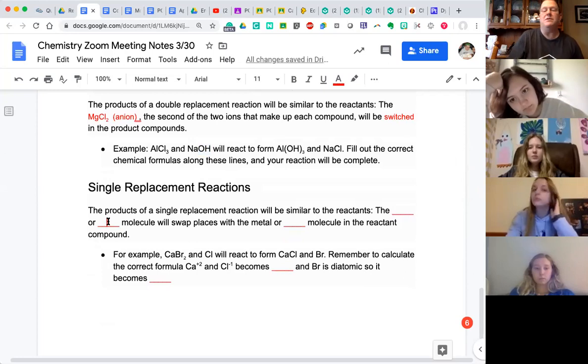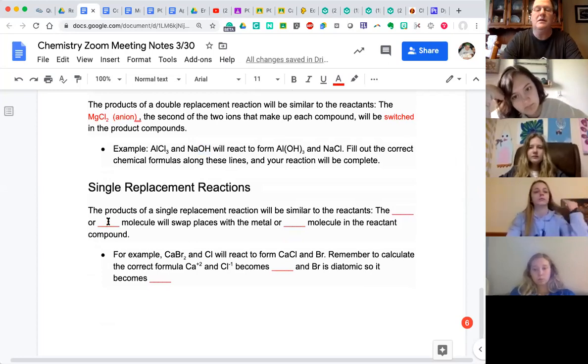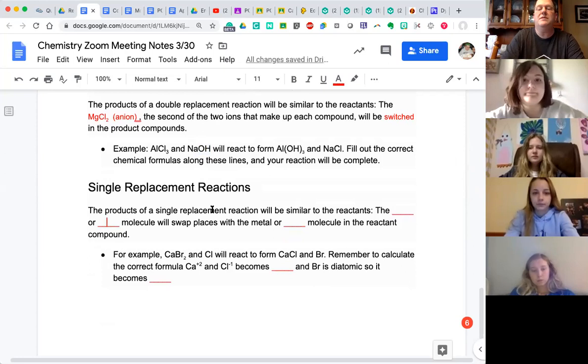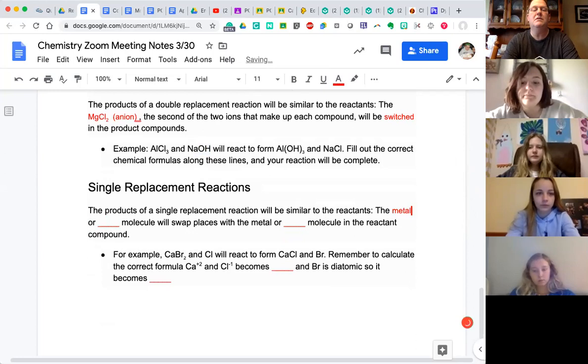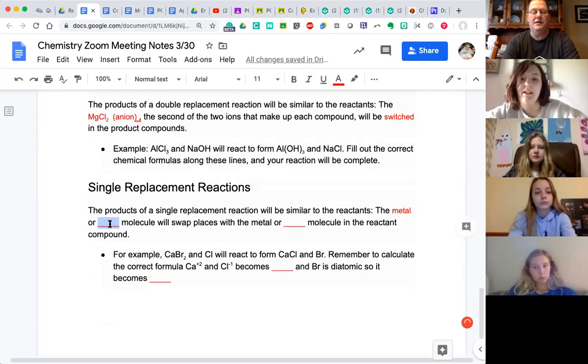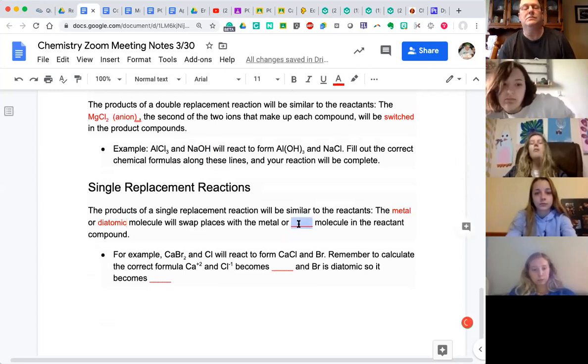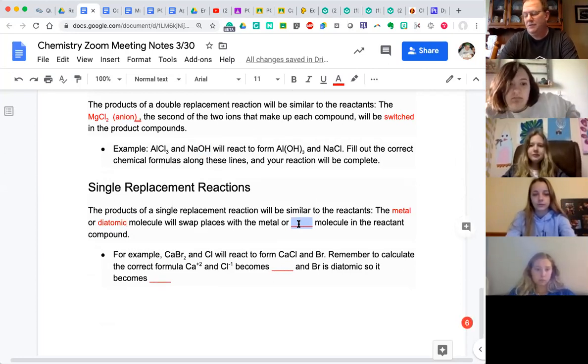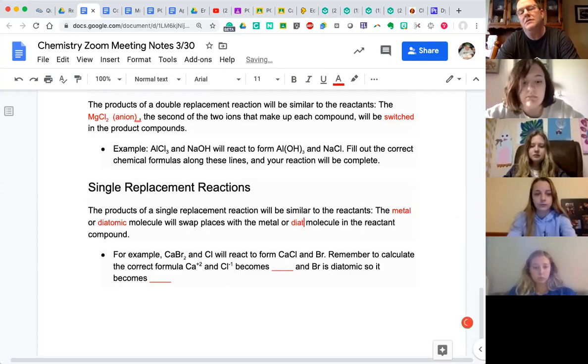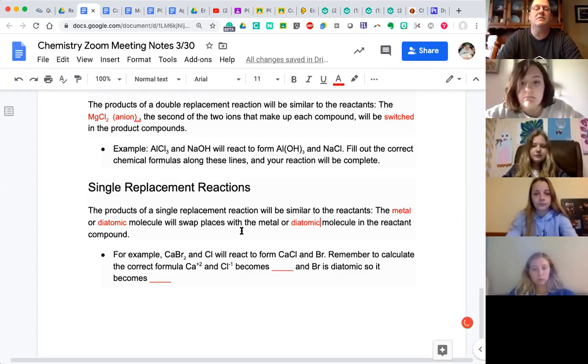Okay, single replacement. The products of a single replacement reaction will be similar to the reactants. The metal, or sometimes it's a diatomic molecule like chlorine, hydrogen, oxygen, fluorine, will swap places with the metal or diatomic in the reactant.